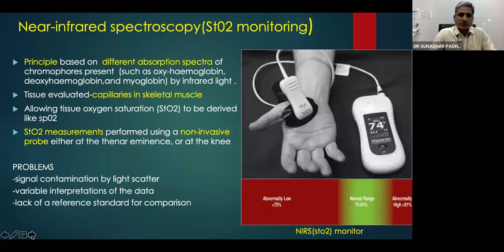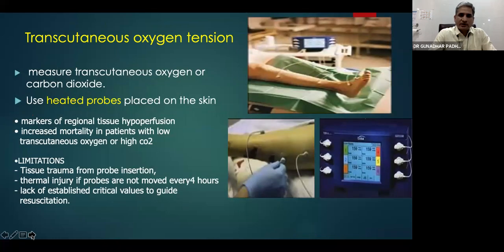So there are certain probes called NIRS probes, or near infrared spectroscopy probes, which can be applied. Any value less than 75% in NIRS interpretation is actually abnormal, and that has to be interpreted carefully.